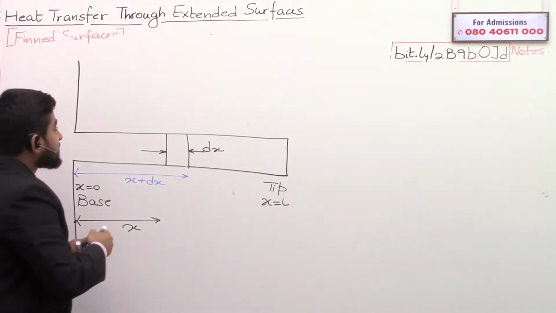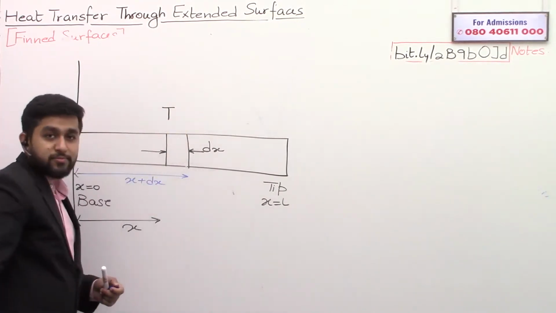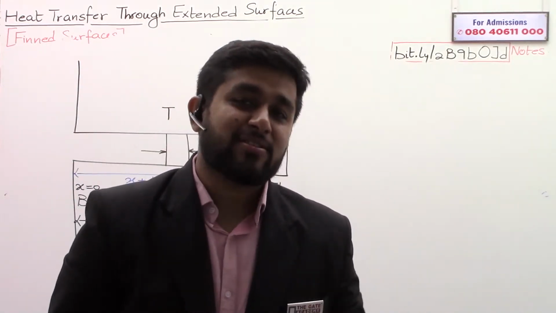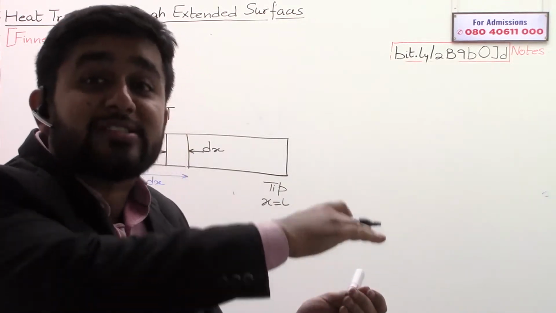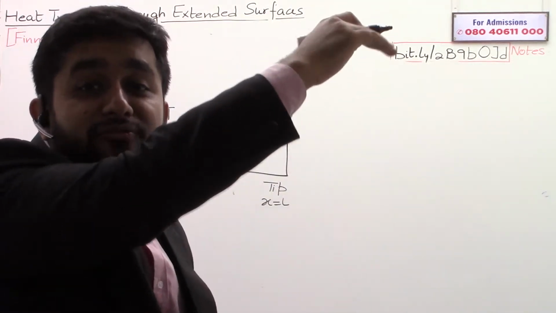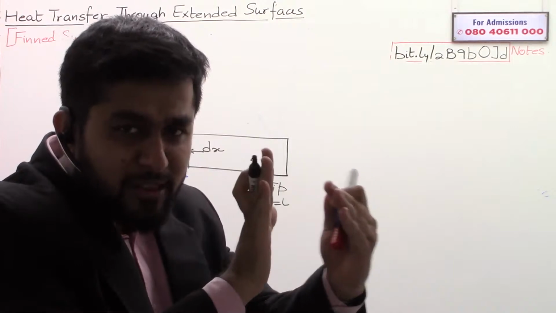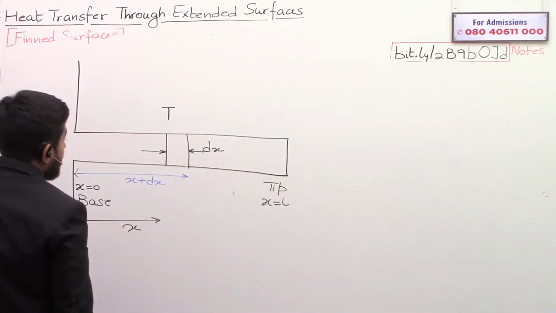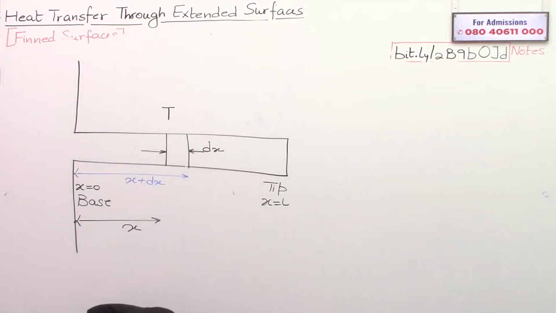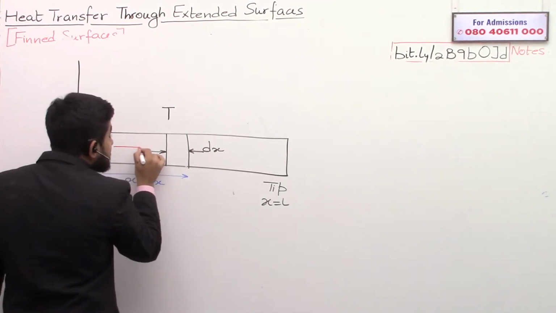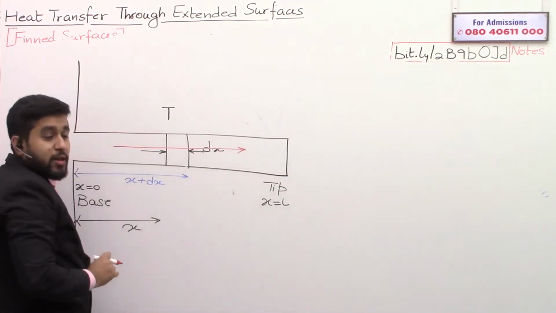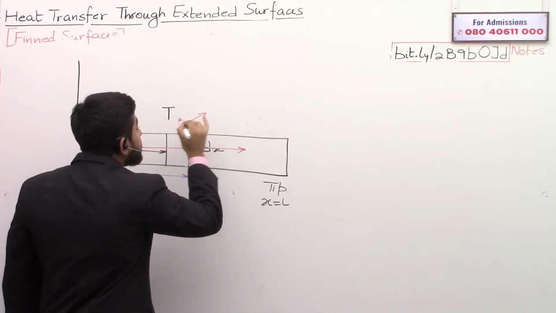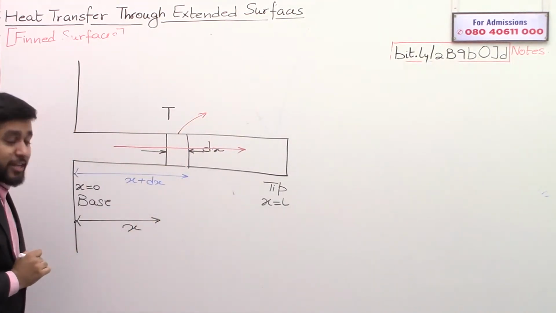Let us say that the temperature of this element is T. So T is the temperature of the element at a distance x, the element which extends along the entire thickness and entire width of the fin, but whose thickness dx is negligible. Inside the material, heat is flowing by conduction, and the peripheral side of the element is exposed to the environment, so there will be some heat convection.